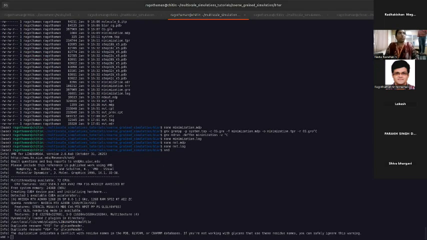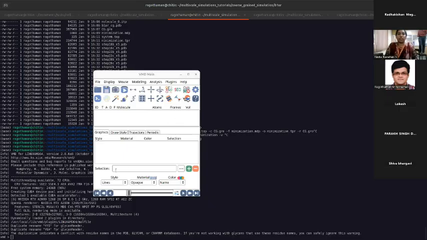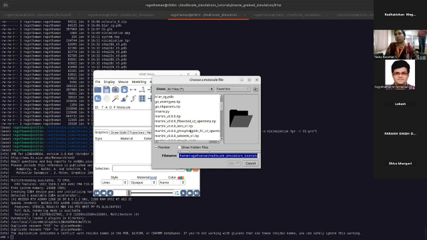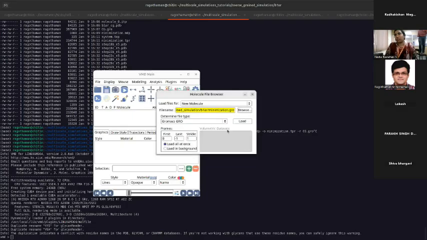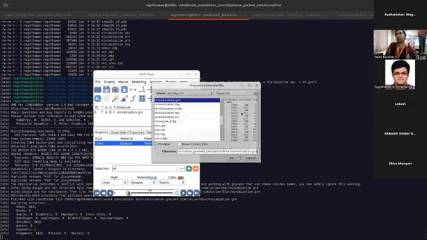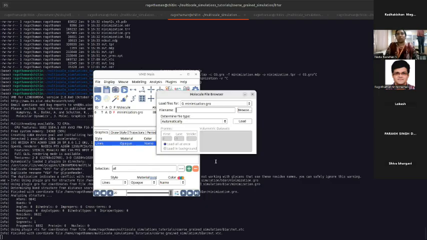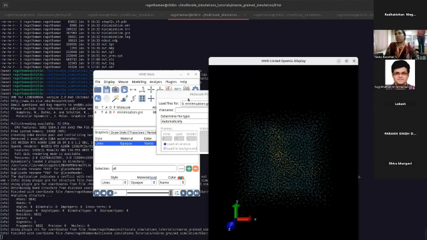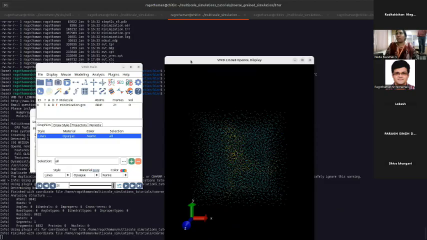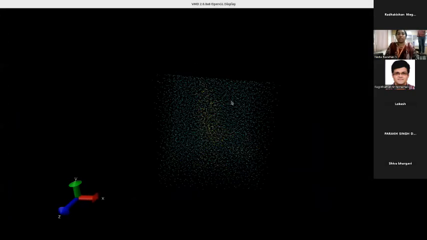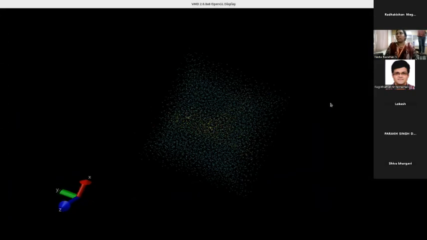VMD lets you see the XTC file without direct conversion, provided you give it the representation. First you have to load your PDB file or the GRO file that you use for reference. So here we have not directly converted it, but we are able to visualize it because we gave the PDB as the reference structure.